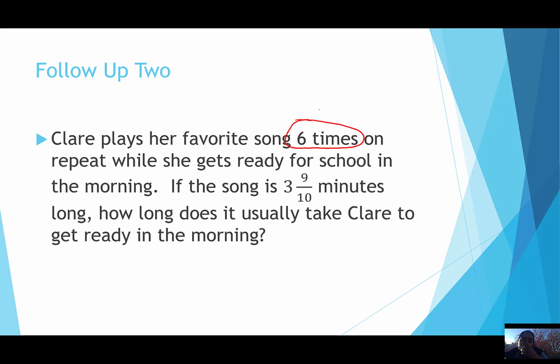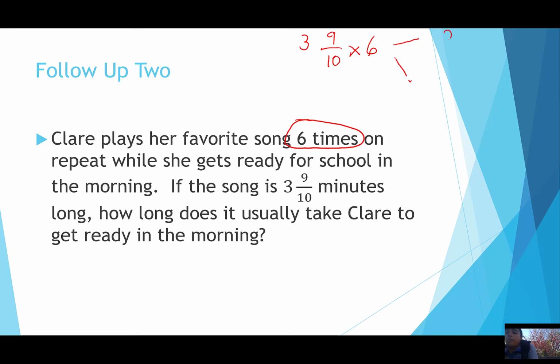So this is an example of repeated addition. I could add this fraction 6 times, but that would take a long time. So I have an equation, 3 9/10 times 6.